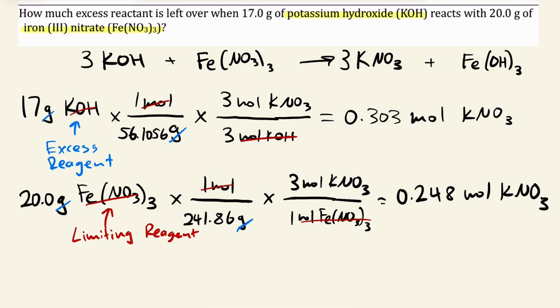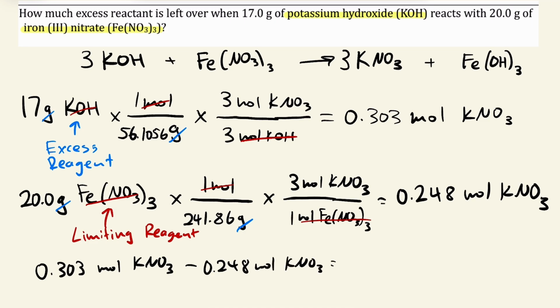So we're going to take 0.303 moles of KNO3, and then we're going to subtract 0.248 moles of KNO3, which leaves us with 0.055 moles of KNO3.